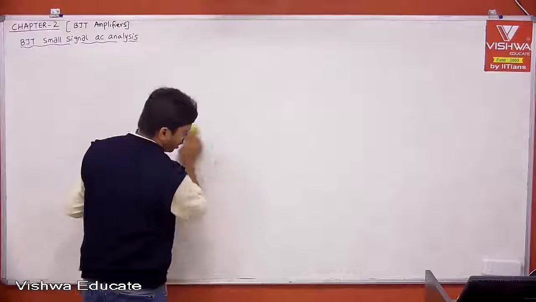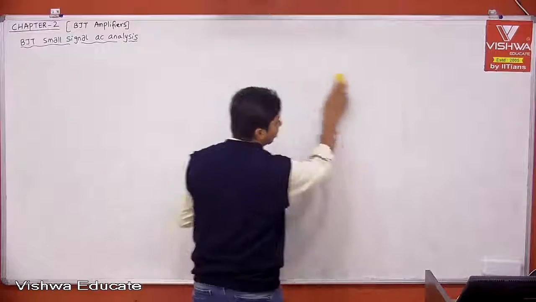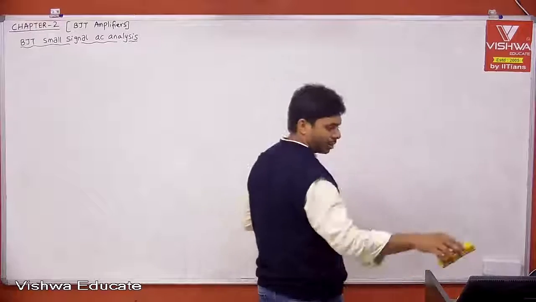Now we got to know the equivalent circuit of BJT using the H parameter model that can be used to derive all AC parameters.